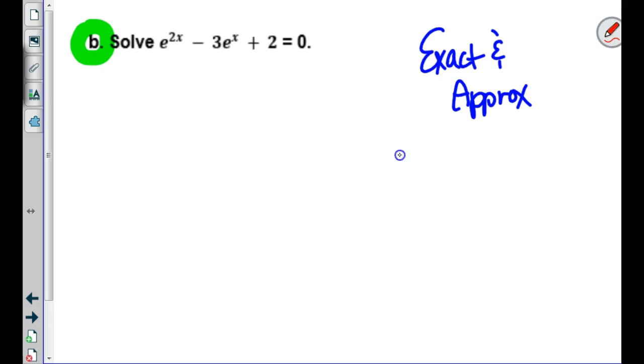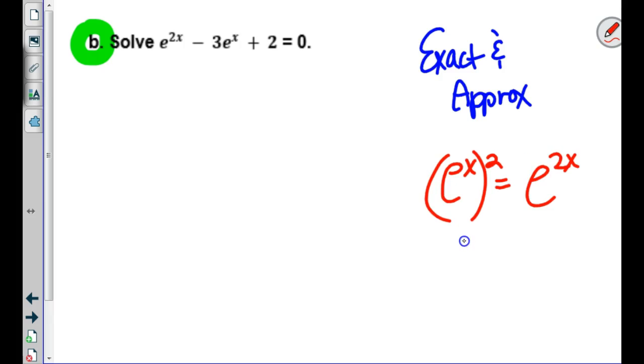All right. Does everyone understand that e to the x squared would be e to the 2x? I need everybody to agree to that first. We good? All right. So this is really an e to the x squared minus 3 e to the x plus 2.